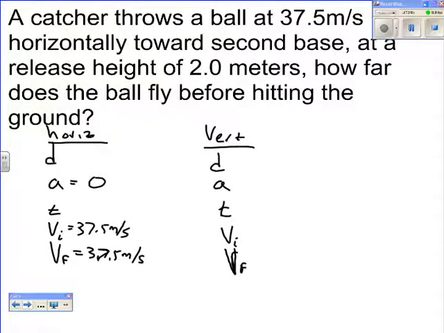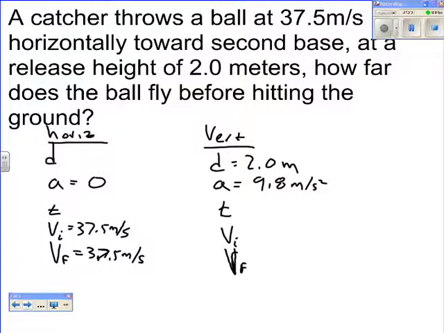What else do we know? Okay, we know the vertical distance is 2.0 meters. What else do we know? We know the vertical acceleration is 9.8 meters per second squared.